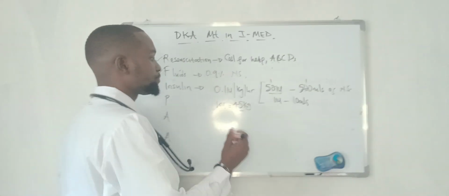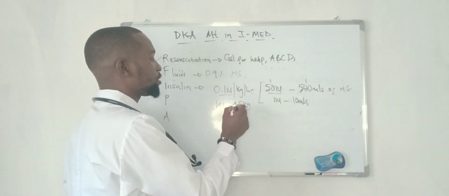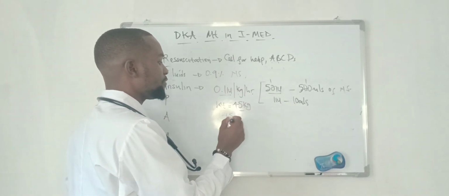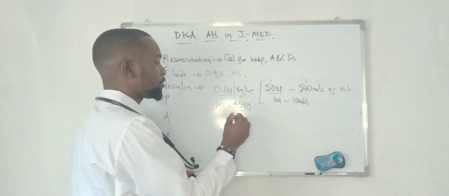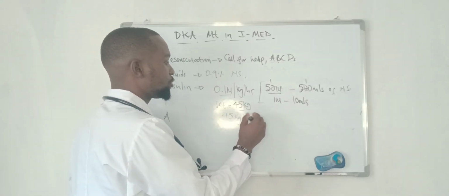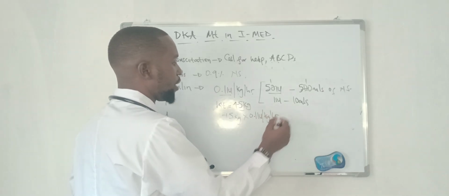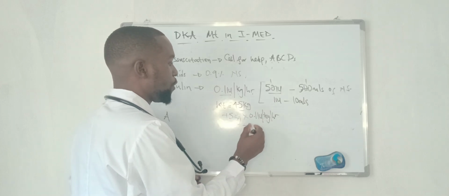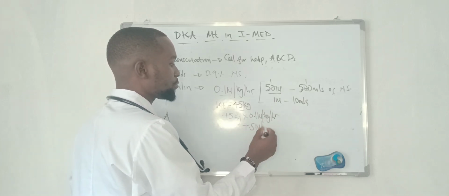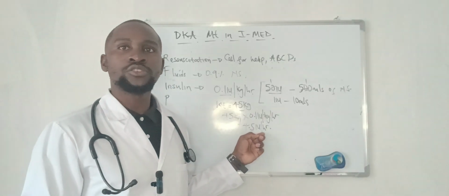Because it's 0.1 international units per kg per hour, it's going to be 45 kgs multiplied by 0.1 international units per kg per hour. So this kg will cancel with this. When you multiply this, it will give you 4.5 international units per hour. So this is the dose of insulin that this individual needs to get.